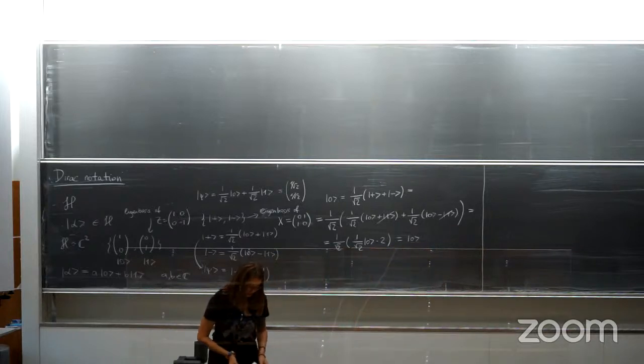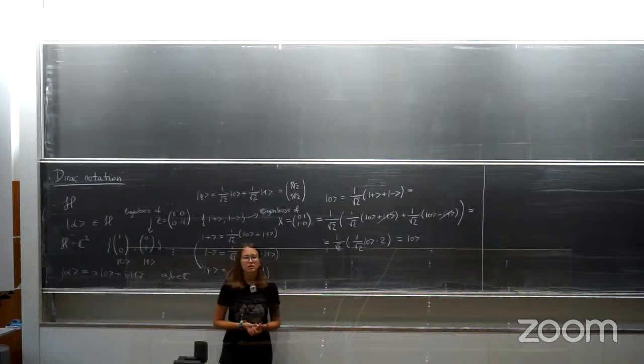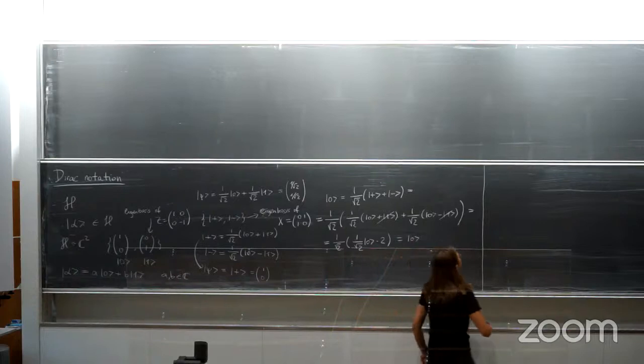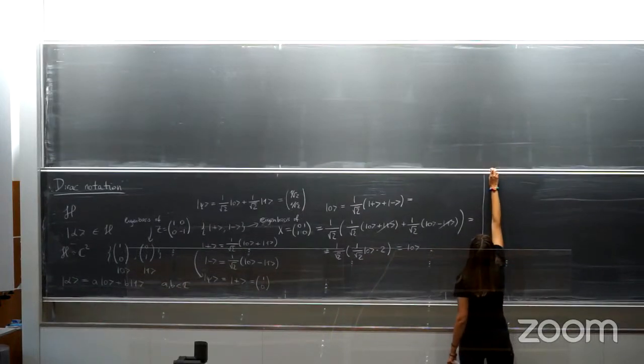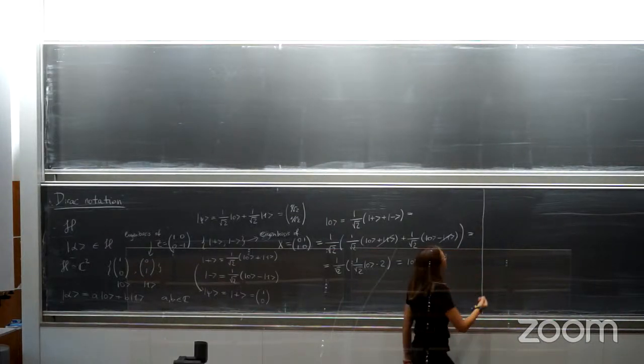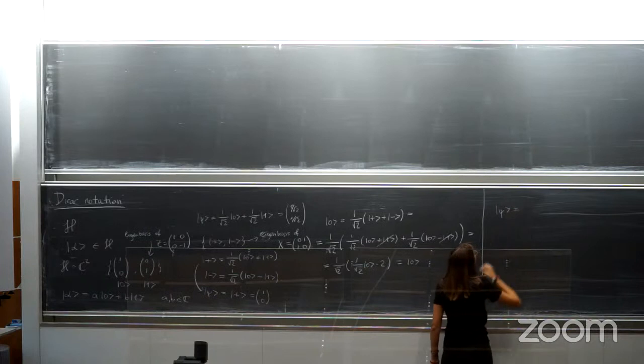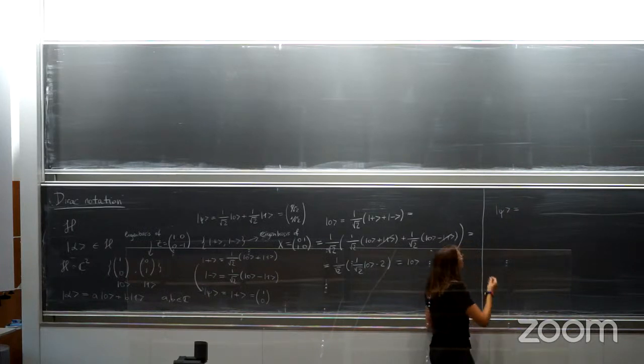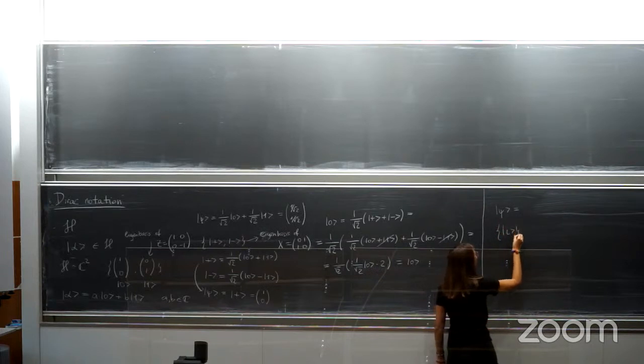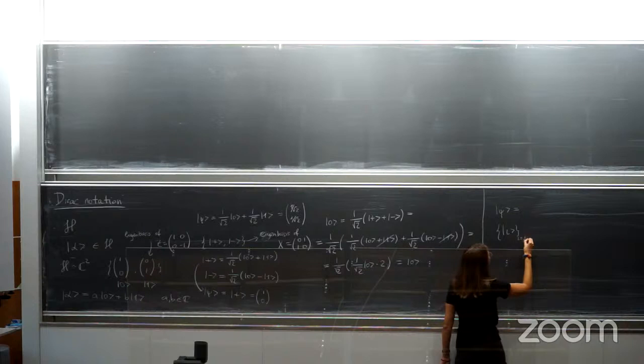So now a bit about the bra vectors. The bra vector, as Lidia also mentioned, can be understood as the conjugate transpose of the ket vector, which basically means that, for example, let us take an arbitrary Hilbert space and take a state in this Hilbert space, which we label as psi, and say that the Hilbert space has the basis which we label as i, where i goes from 1 to D.